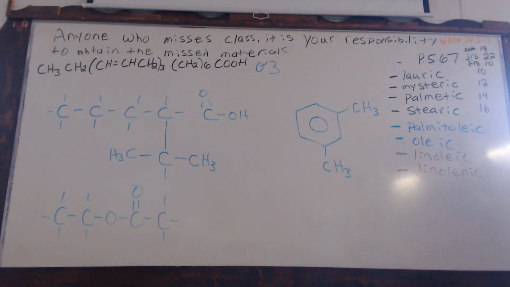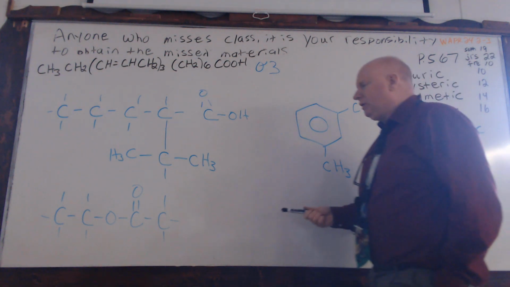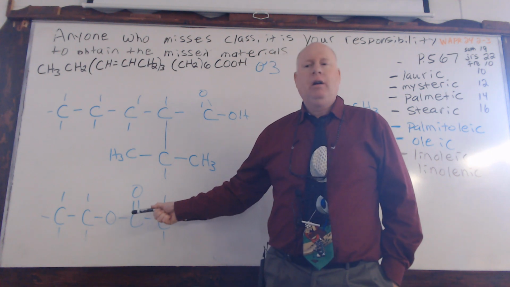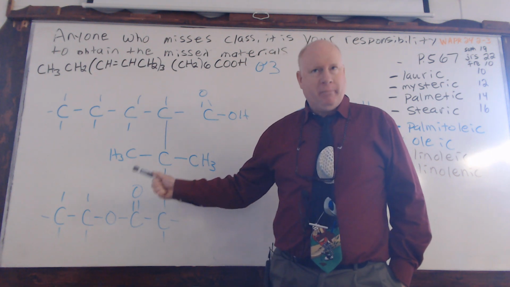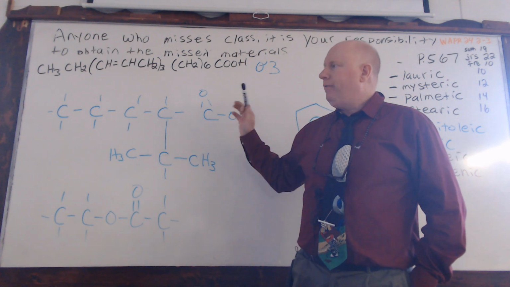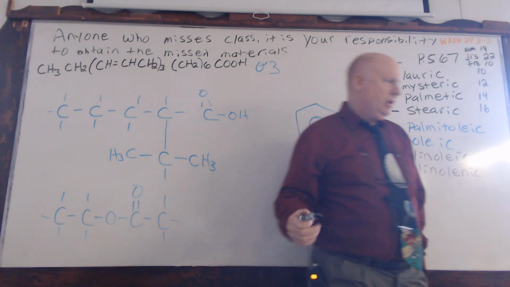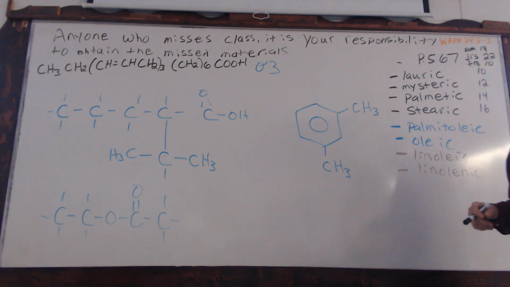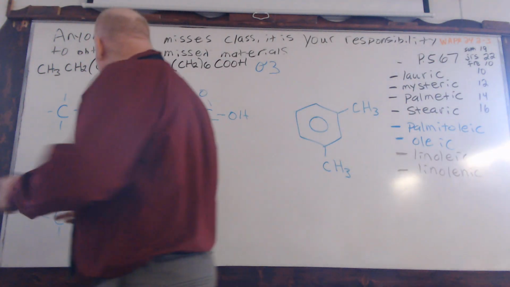We would talk about how you specifically make something like this, and you draw out the proper mechanism for doing that. That's one of the bigger differences between this level and the next. So yes, this is an ester, lower left-hand corner. Okay.